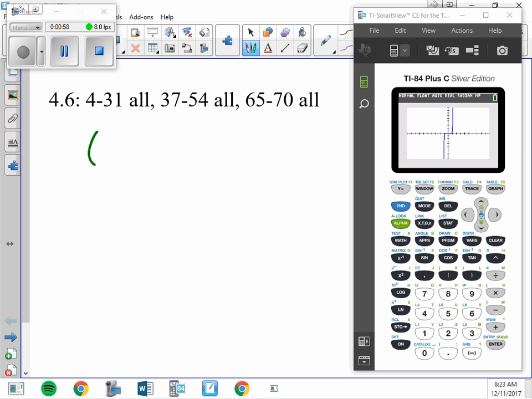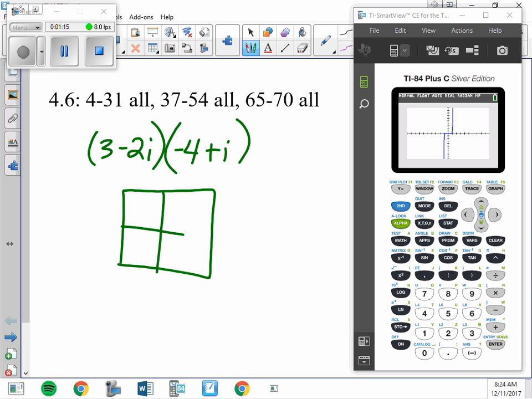Okay, what if I had 3 minus 2i and negative 4 plus i? How do I multiply those? We would use the box. So 3 minus 2i on one side and negative 4 plus i on the other.